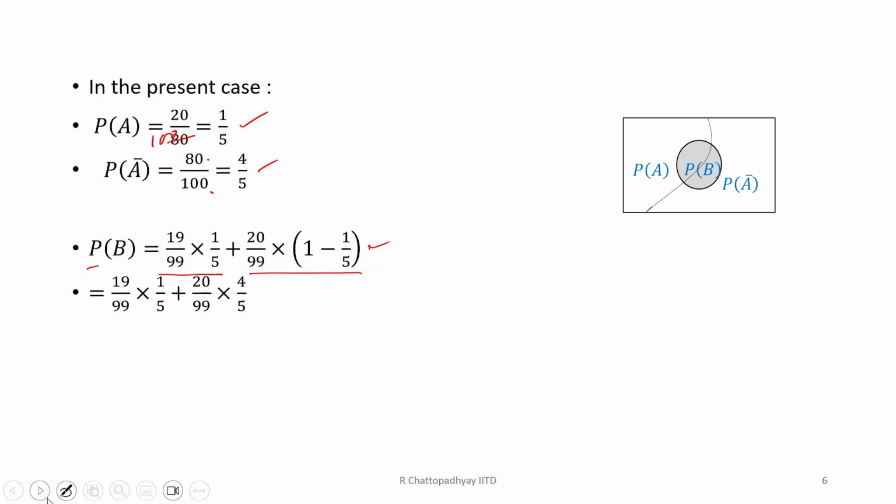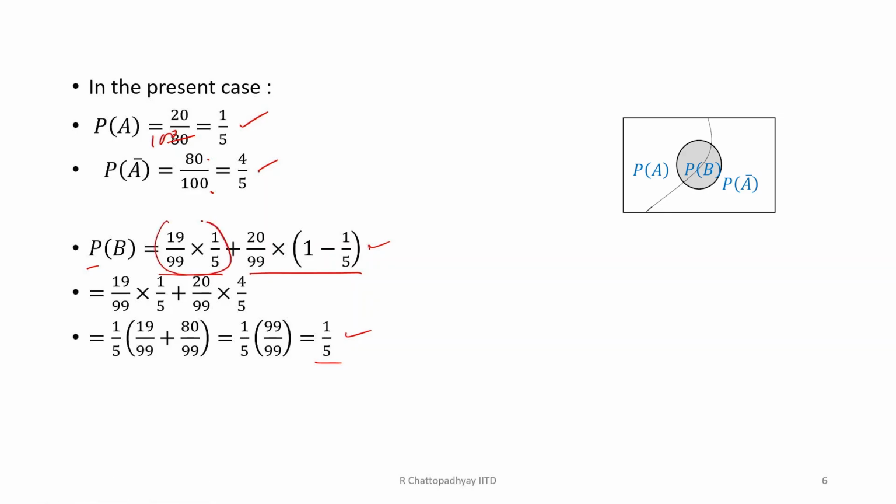And if I do this, I arrive at the figure 1 upon 5. The probability that the second item chosen will be defective is going to be 1 by 5. This is one probability for one situation and this is another situation.